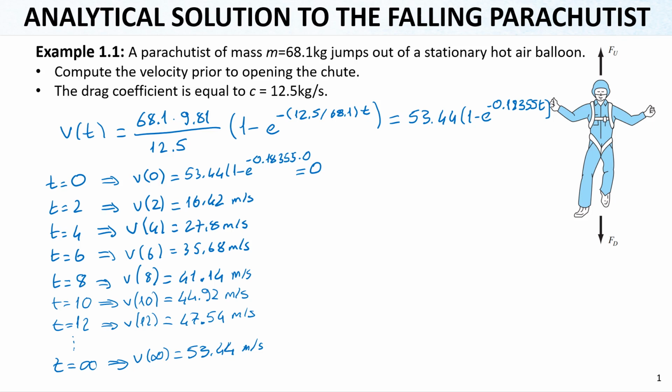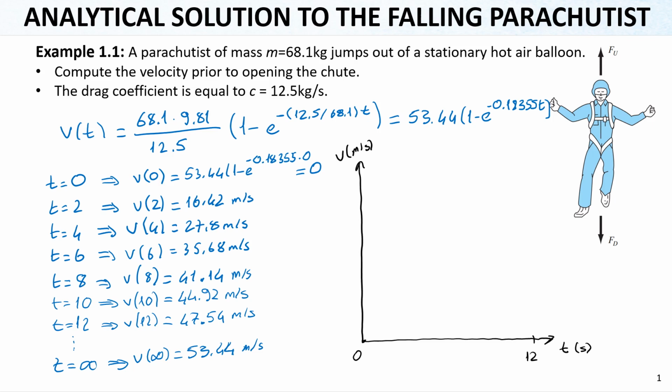So let's try to draw the velocity curve over here from 0 to 12. This is t in seconds, and the y-axis is v in meters per second, and it goes up to 53.